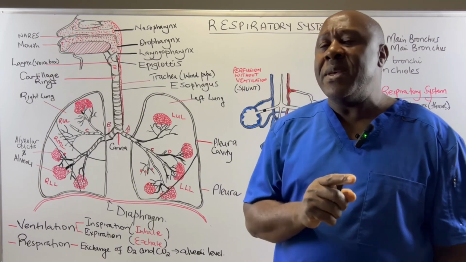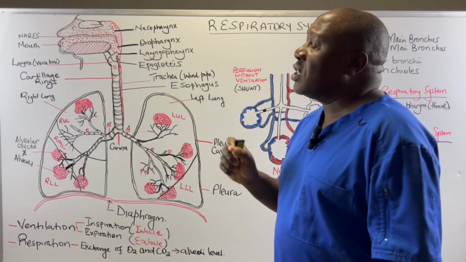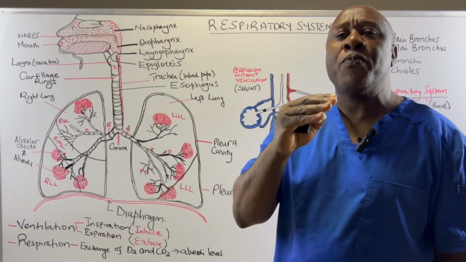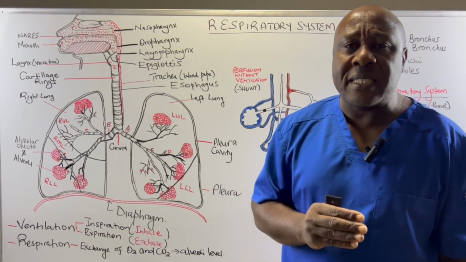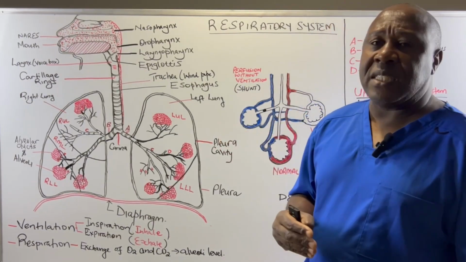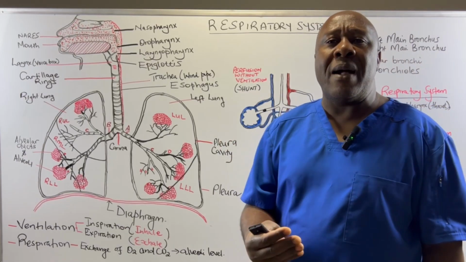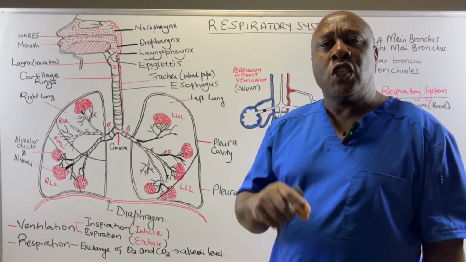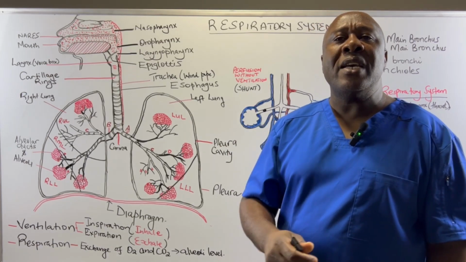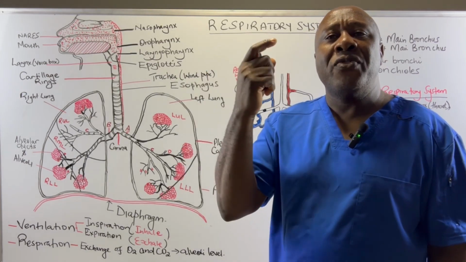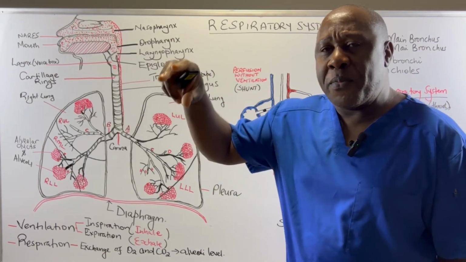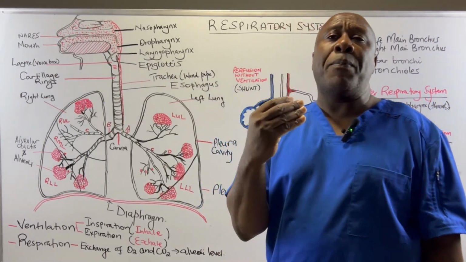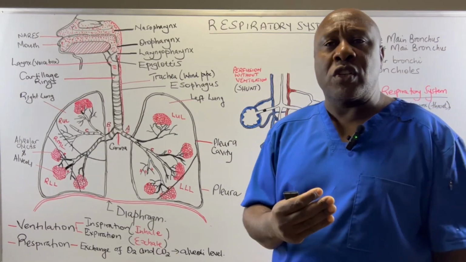Now, that means that the circulatory system is very important to our respiratory system. The cardiovascular system, the heart pumps the blood. It is the heart that pumps the blood into the lungs to pick up oxygen, and then it also pumps that oxygenated blood from the lungs to the various parts of the body so as to supply the tissues with oxygen.